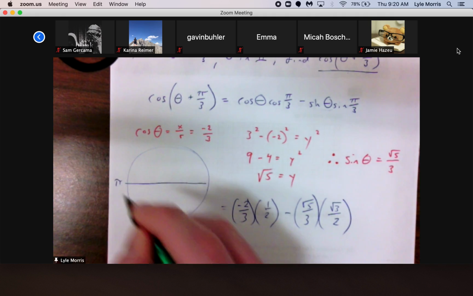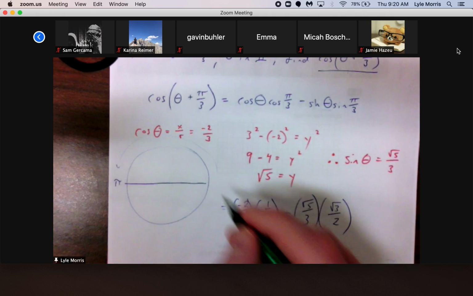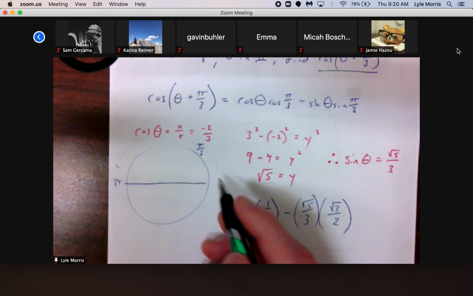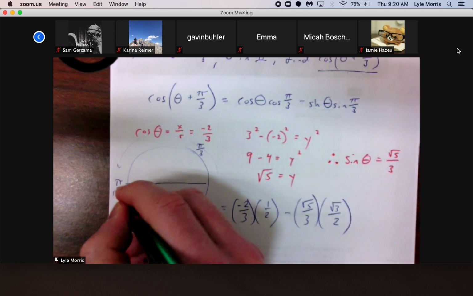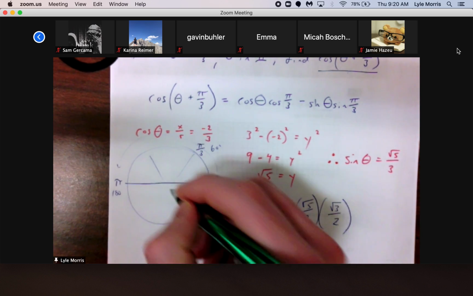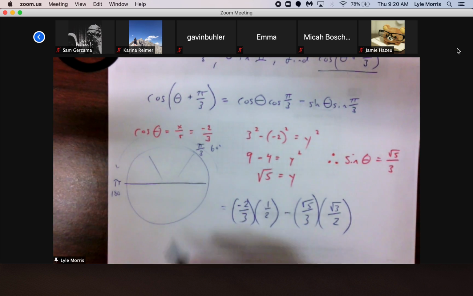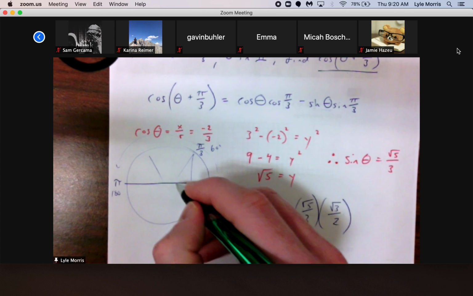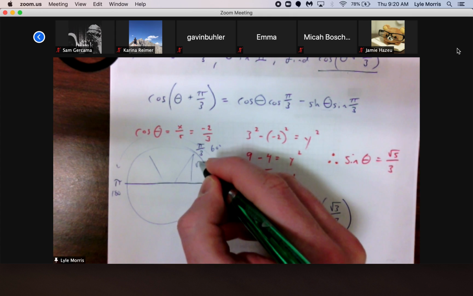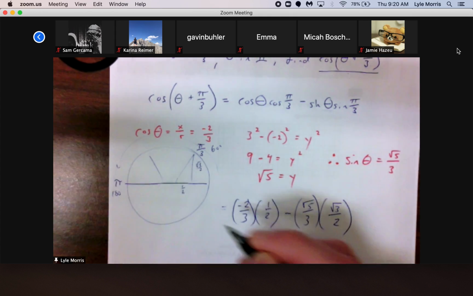Halfway around is pi, so pi over 3 is a third of that. This is also 180 degrees, so this is 60 degrees. So go 60, 120, 180. So this is the 60 degree angle, which means this is root 3 over 2, and this is a half.